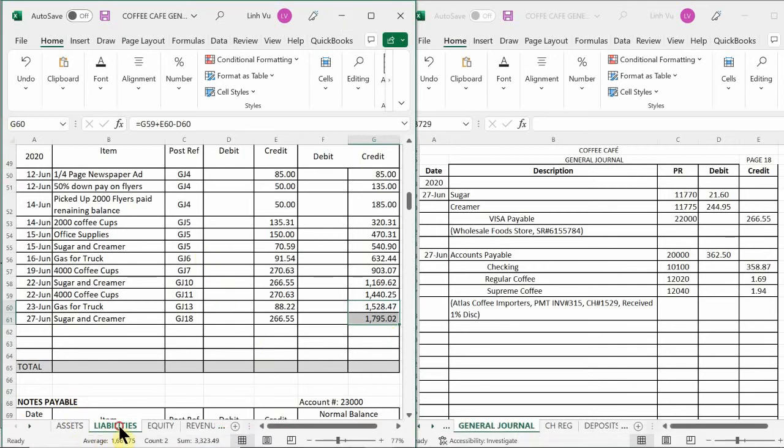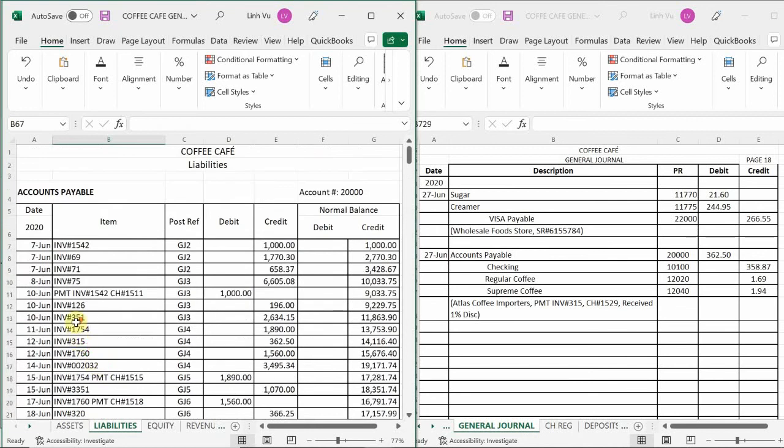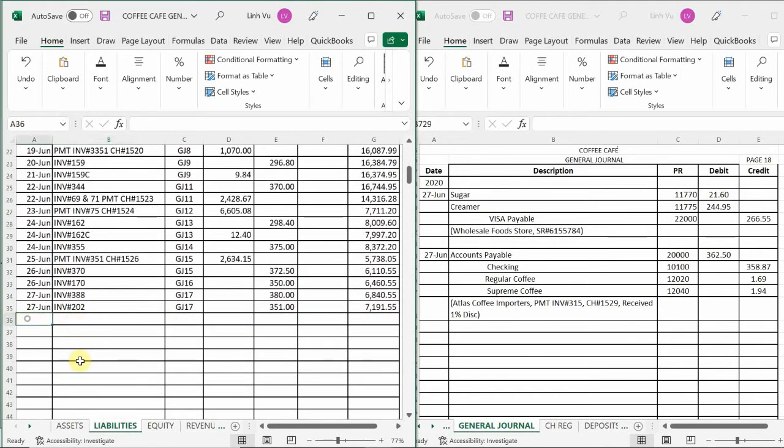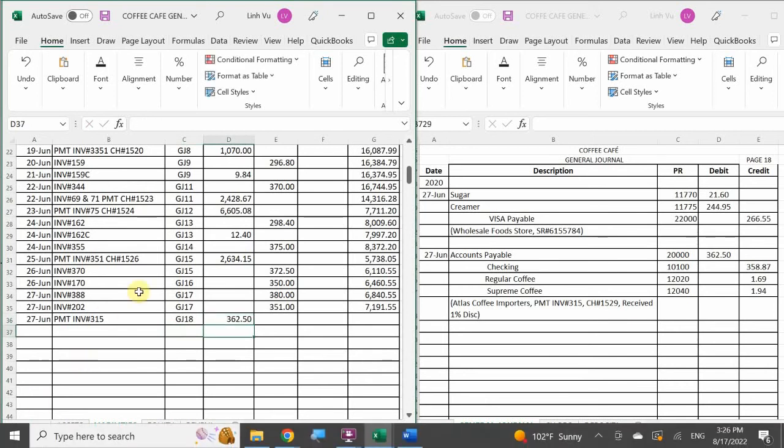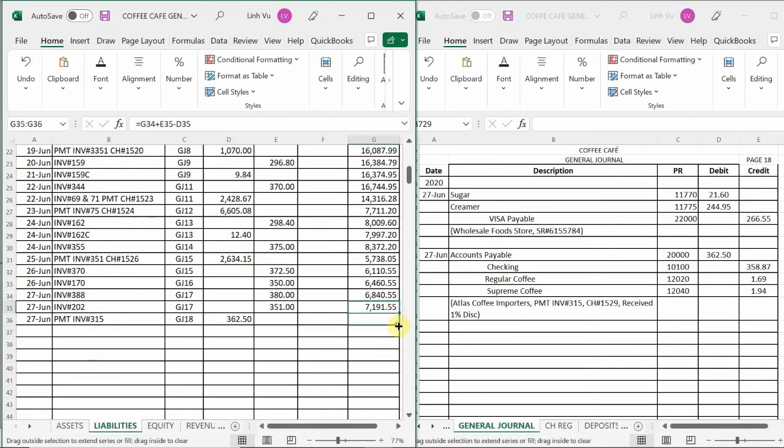And we go to accounts payable and liabilities first. Put in payment of invoice 315, page 18, $362.50. So we're down to about $6,829.05. And then we go to checking in assets.